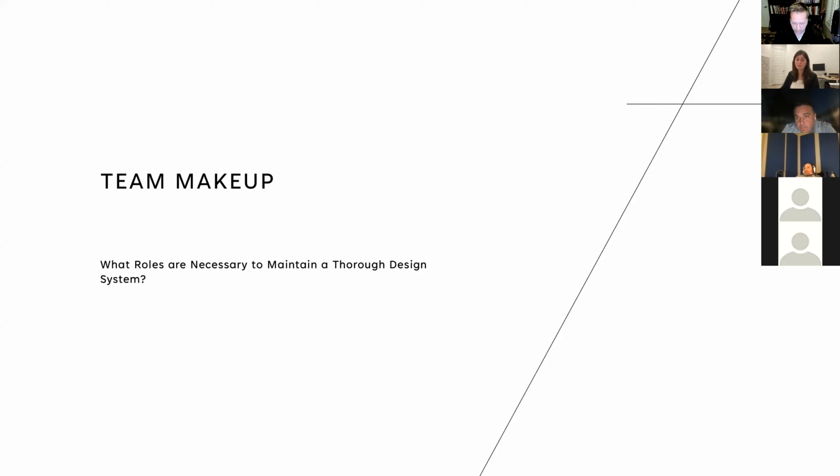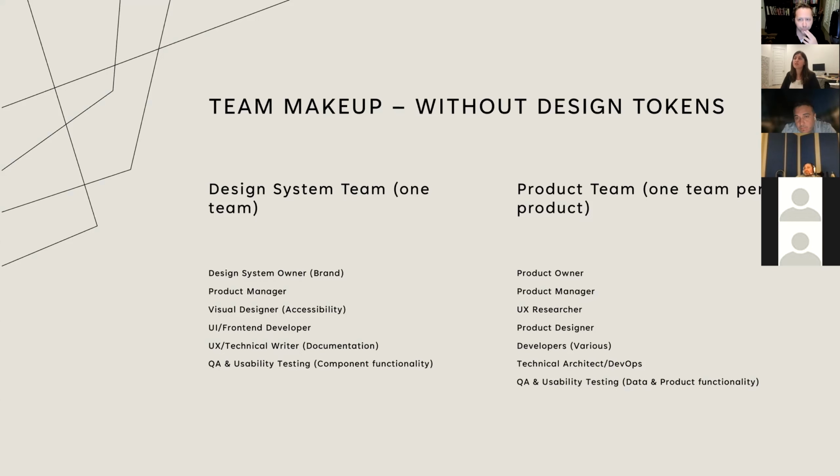Start on team makeup. Just what kind of people, what skills do we need? So design system and product team, I broke it out into two. They're very similar. So in a design system without design tokens, this would be your average team makeup. If you've got a large design system that you're managing, you'd need at least someone to guide the vision, and usually they're a subject matter expert on the brand, or they may be closely linked with their marketing department.